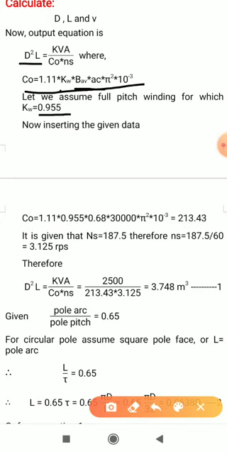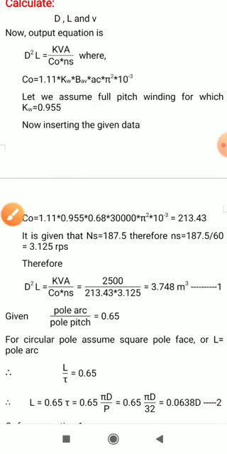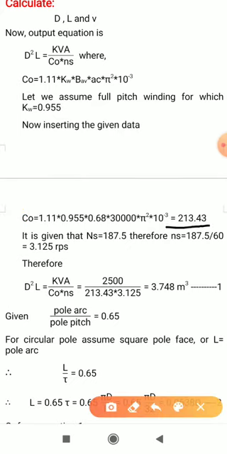So with this, let me calculate the Co as 1.11 into 0.955, that is Kw, 0.68 that is the Bav, 30,000 as ac, pi square into 10 to the power minus 3, and after the calculations we will get the Co as 213.43.